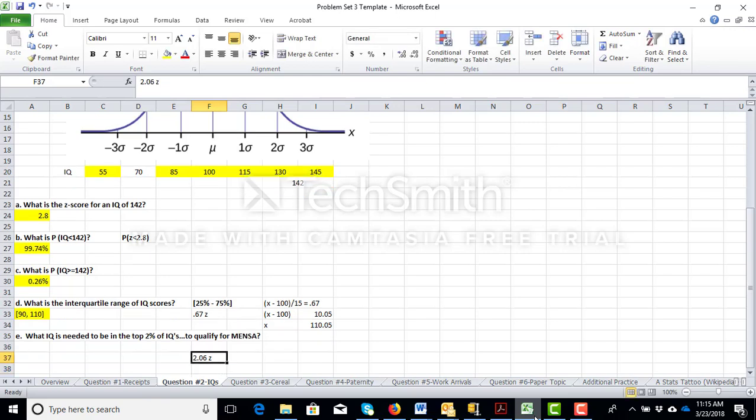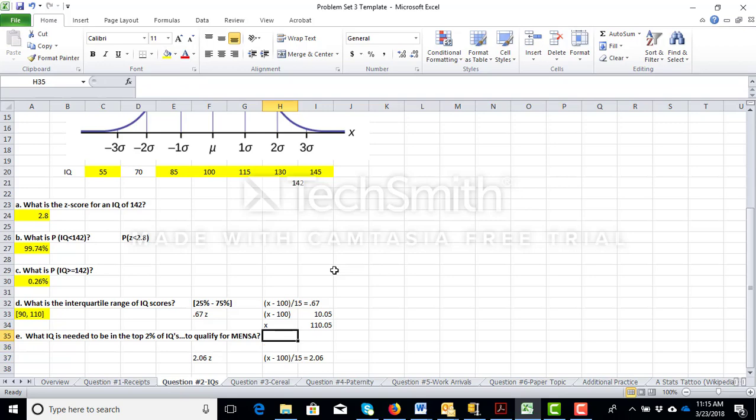If I go there, then it tells me that 98% of the population is below that IQ, meaning that 2% must be above it. So what is that IQ score? 2.06 Z's. Again, we would use the same basic method we used here. X minus 100, we don't know what the x is now, divided by 15 equals 2.06. We try to solve for x there, and that would give us the IQ that we'd have to have if we wanted to apply for membership in Mensa.